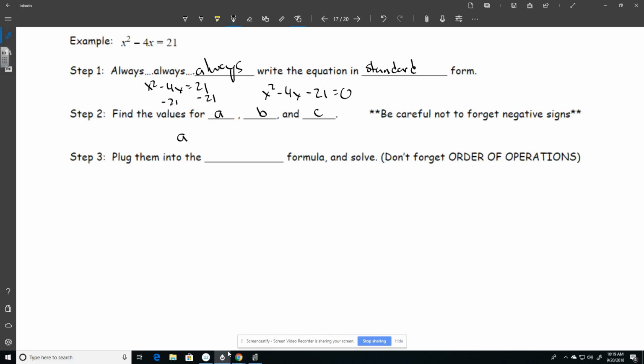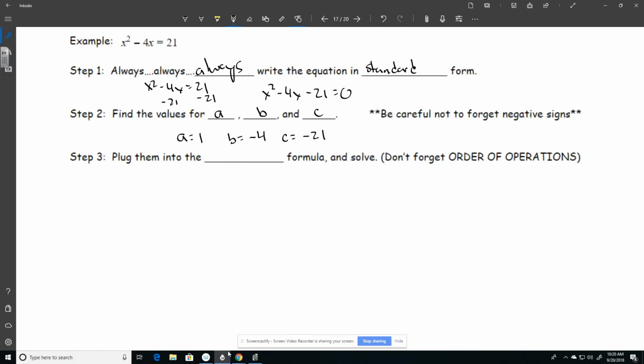For example, a is whatever is in front of the x squared, which is 1, because there's nothing there, so we only have 1 x squared. B is whatever's in front of the x, which is negative 4. And c is my constant right here, negative 21.